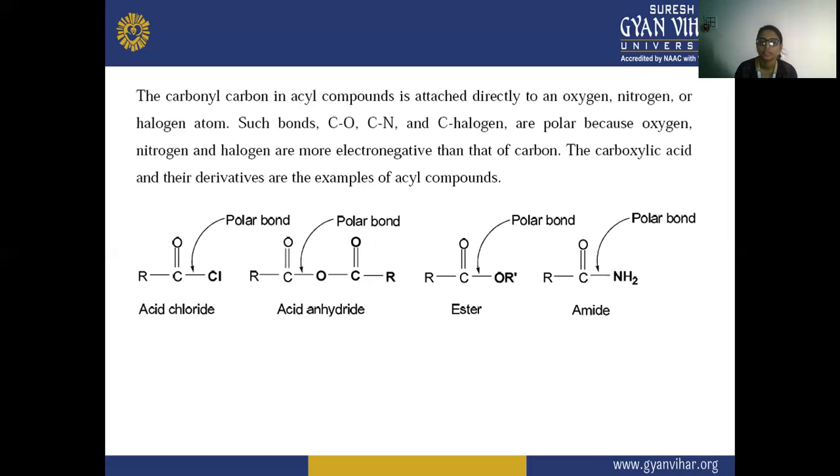Carbon is less electronegative than the heteroatoms, so they are polar. So the bond between carbon and the heteroatoms is polar, and carboxylic acids and their derivatives are examples of acyl compounds.